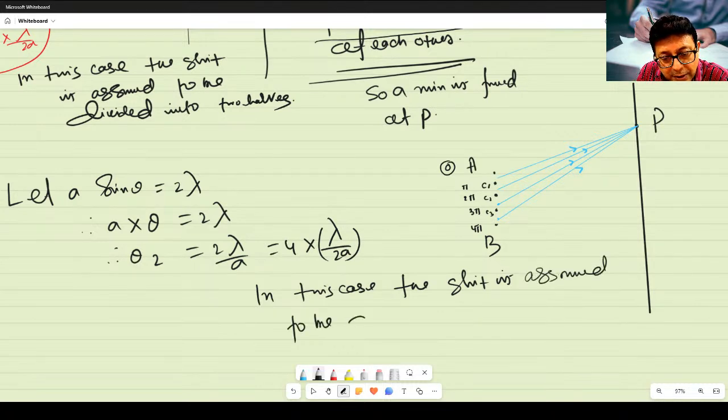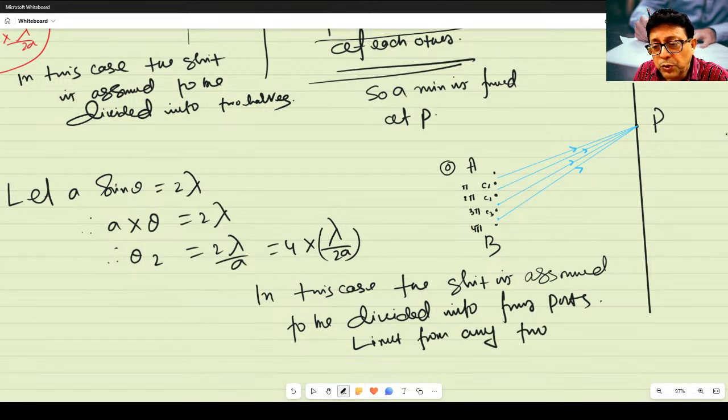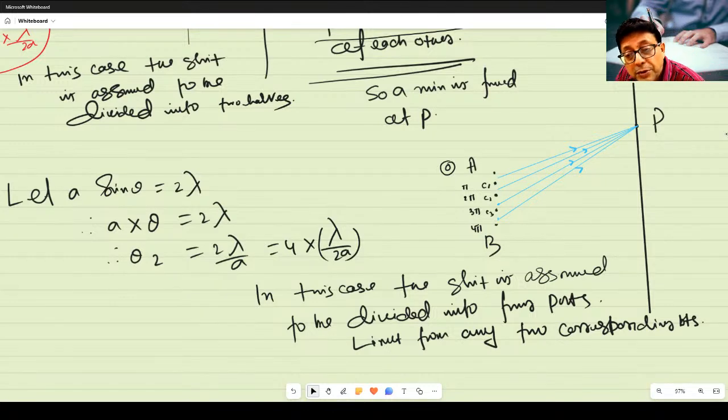Again, the idea will be the same: light from any two corresponding points. This will help you to understand the topic. This will help you to write the answer for the descriptive paper.